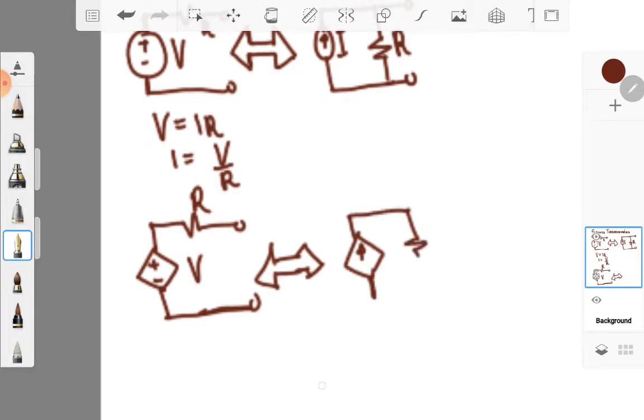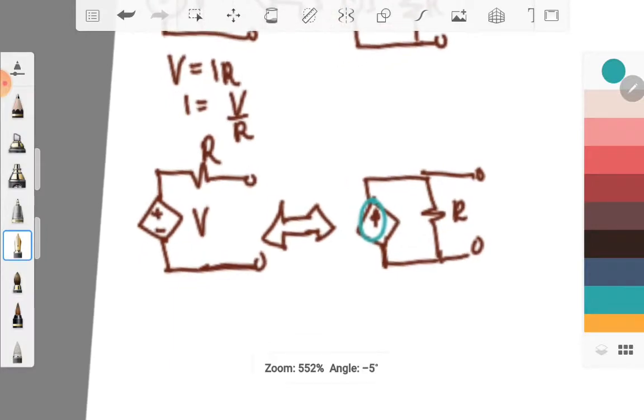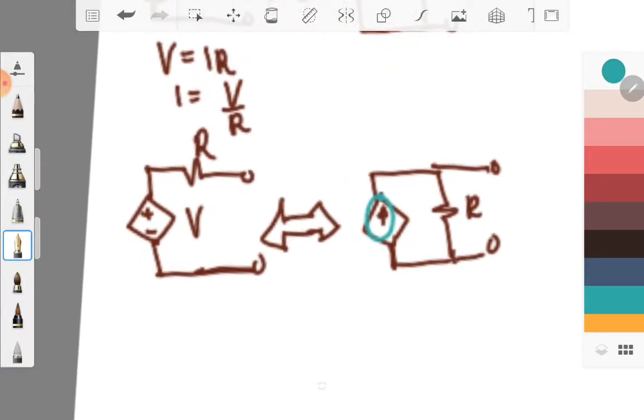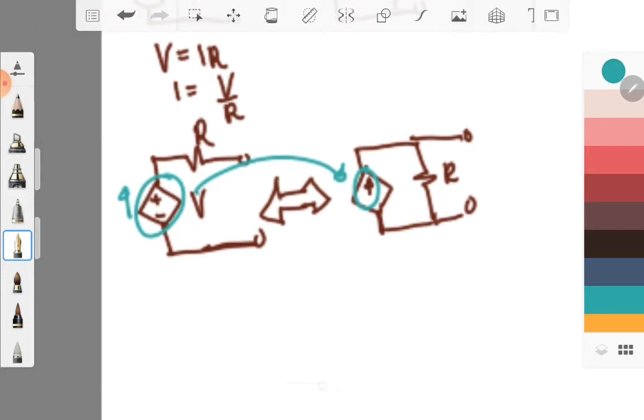Another important thing to remember is the direction of your current. The direction of your current will always be toward the positive. So when you transform a voltage source into a current source, the direction of your current must always be toward the positive.